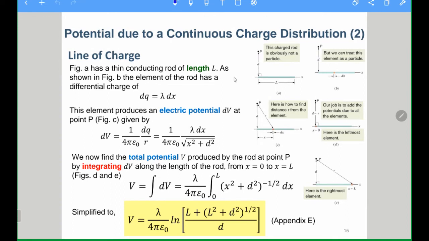So here we assume we have a line L with a line of charge, and of course lambda is the linear charge density. Here we try to find the potential at point P.